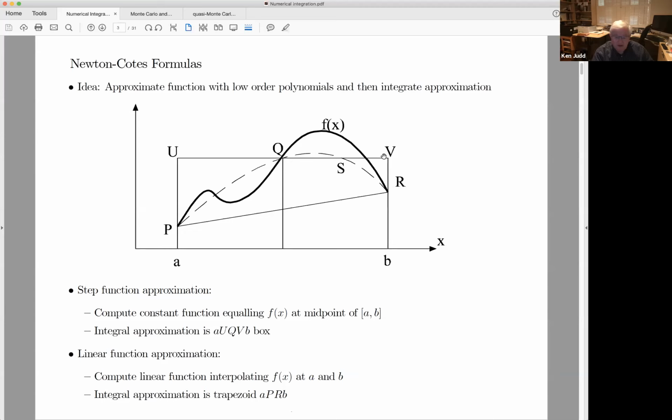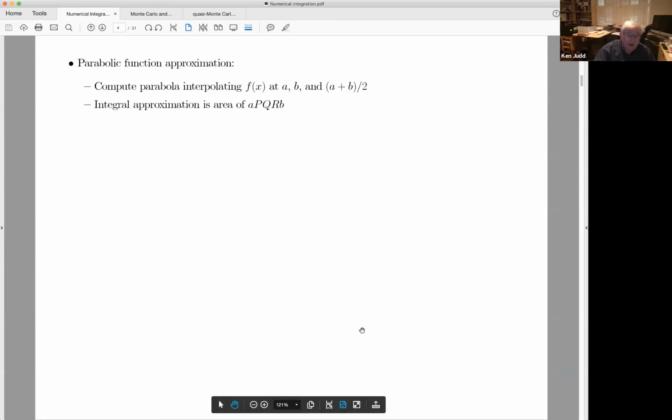That corresponds to basically a step function kind of approximation. You can integrate that. So here are 3 integrals then: a step function approximation, a linear one, and then the parabolic function approximation. Okay, so those are the basic ideas.